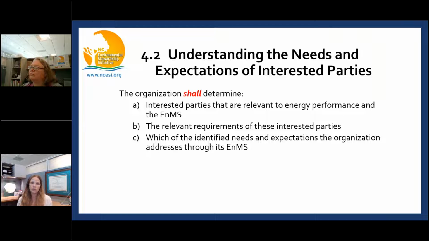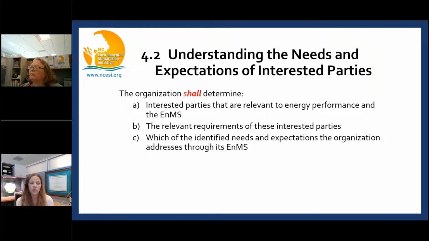So 4.2 is all about understanding the needs and expectations of interested parties. Basically, in 4.1 you're looking at all of the needs and issues facing the organization, and 4.2 is all about understanding the needs of those that the organization affects. So I'll read the shall statement to you.